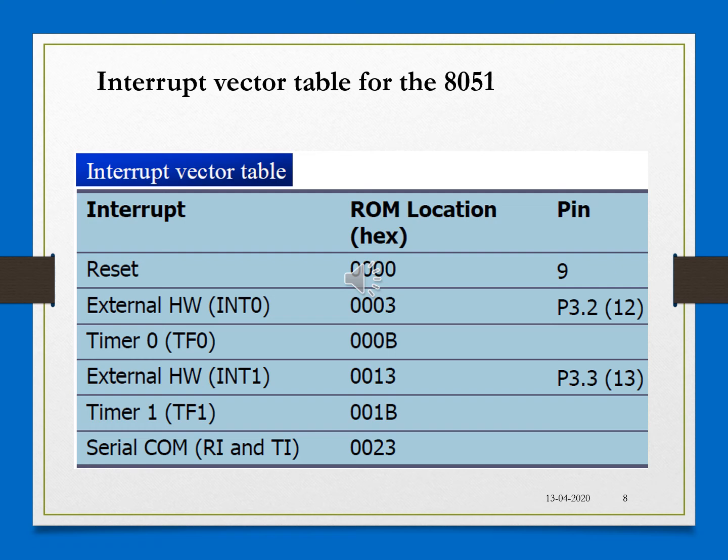External hardware INT0 starts from 0003. Timer 0 at 000B, external hardware interrupt 1 at 0013. Other than reset, all other interrupt service routines are assigned 8 bytes.